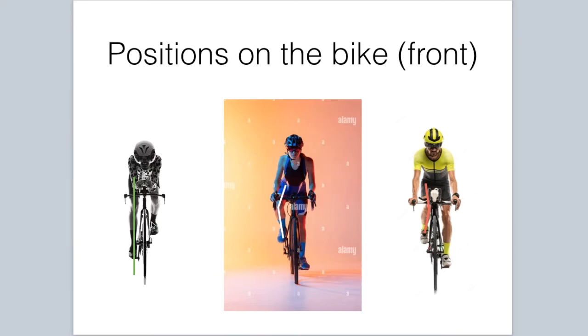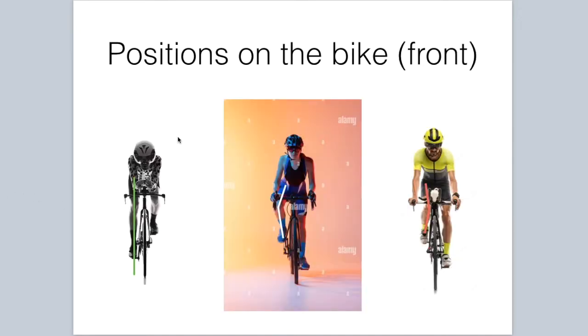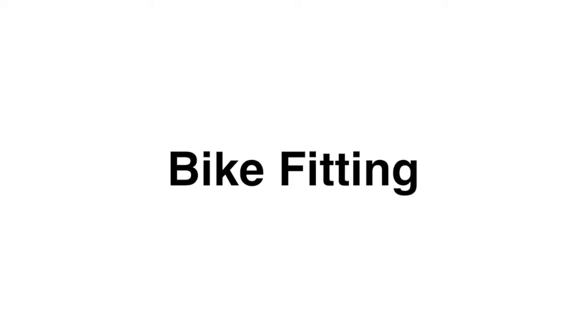So from the side view, that's one thing: we look at how the person is positioned. From the front view as well, we also want to look at how the person is positioned. All these are contributing factors to how the knee can become painful. That is why the advanced group of people go for something called bike fitting.